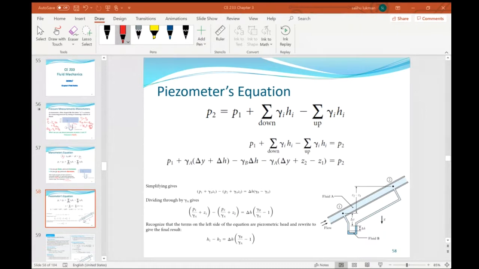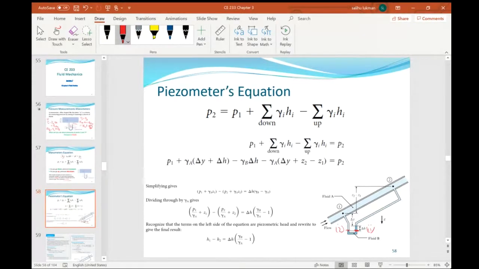Let me continue. Explaining the piezometer's equation here, this is the concept. If you look at this point, let me call it point 1, and the point on the same level on the right side.